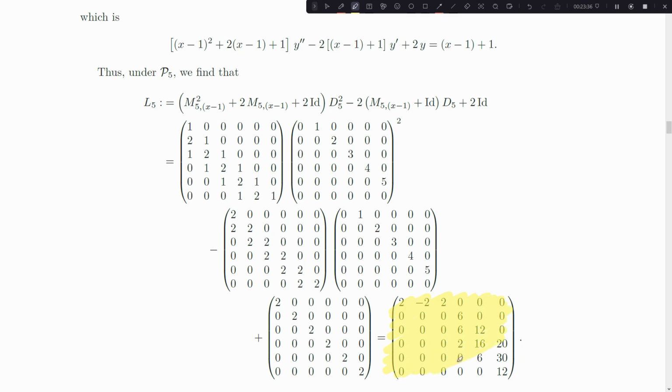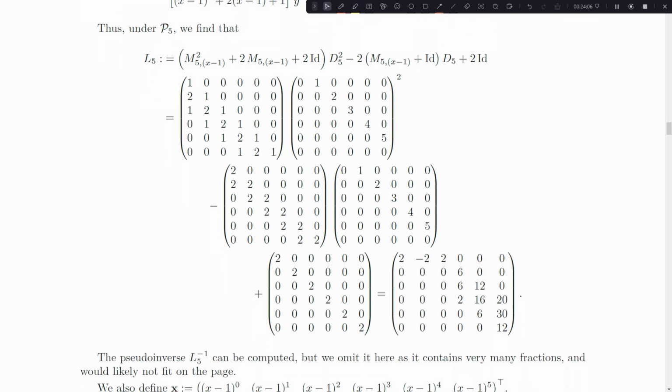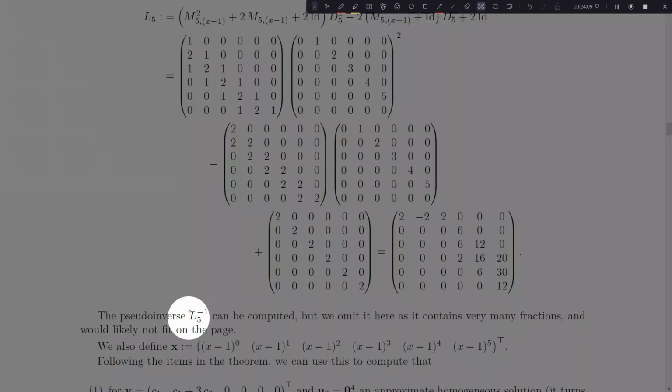So we can 100% represent my matrix right here, which completely represents my differential equation up to I guess 5th degree polynomials. This is the differential equation in 5th degree polynomials, which is kind of a cool thing to think about. The differential equation feels nothing like a matrix until it does, and then it's literally only a matrix. So we can gain L as a matrix out, and we can compute the pseudo-inverse.